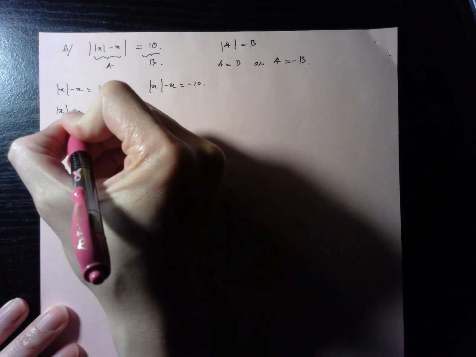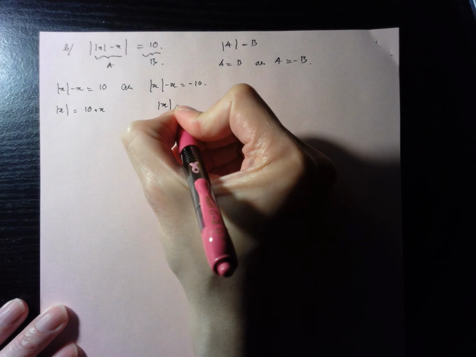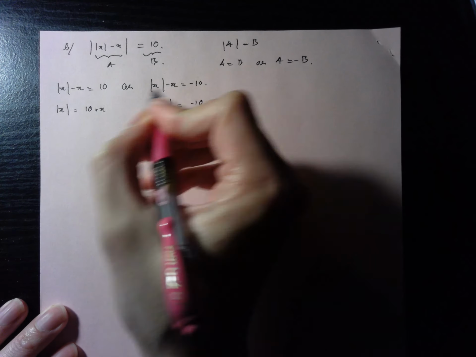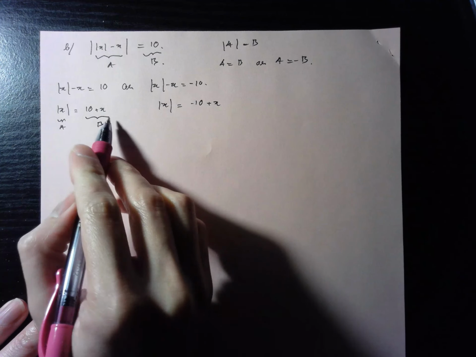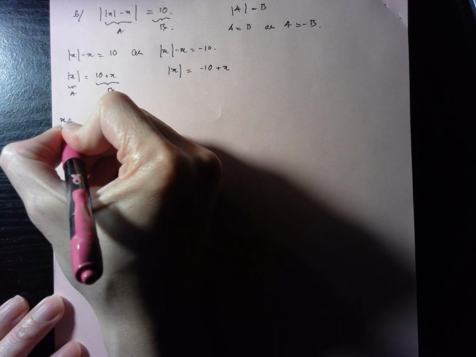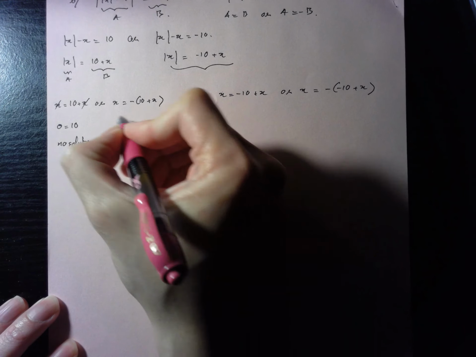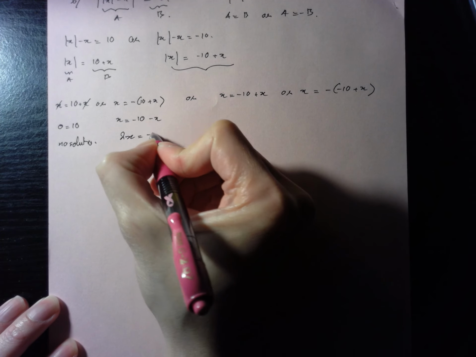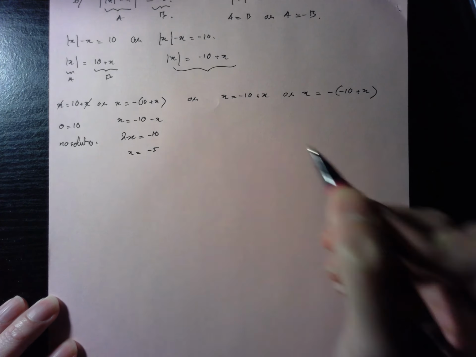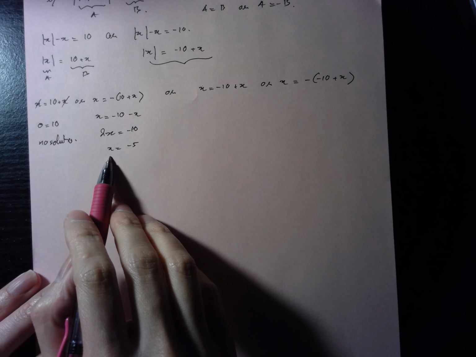Before you apply the formula, you add both sides by x. Okay, divide both sides by x, and you have b one more time here. So absolute value of a equals b, a equals b, or here. Okay, distribute the minus sign, so we have 2x equals -10, x equals -5. I have one solution, but I don't know if this is an extraneous solution or not.